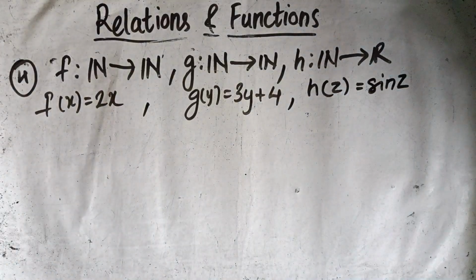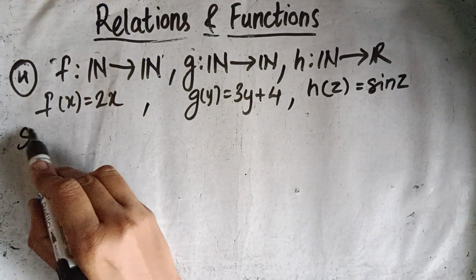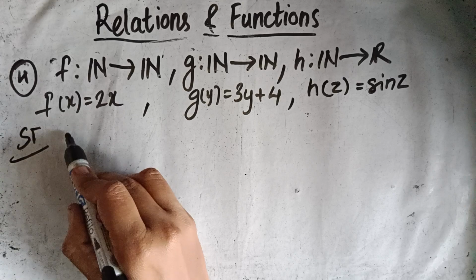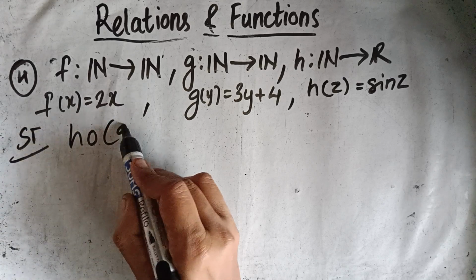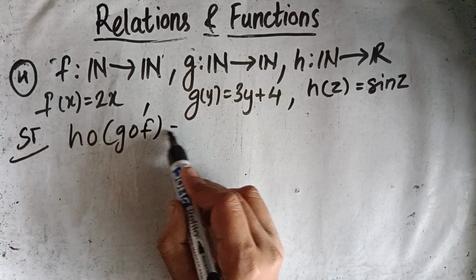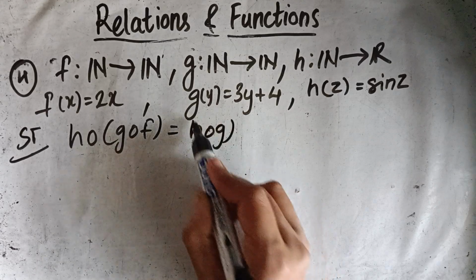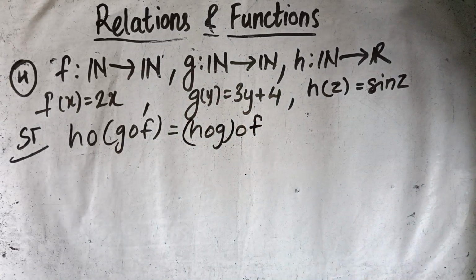You have to show that h composite g composite f is equal to h composite (g composite f).